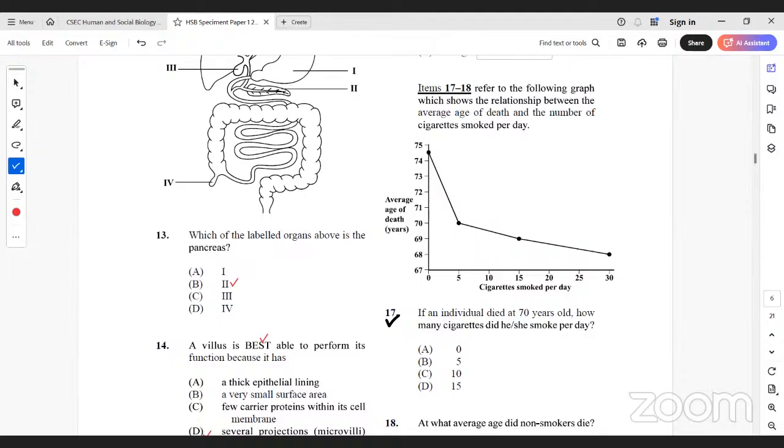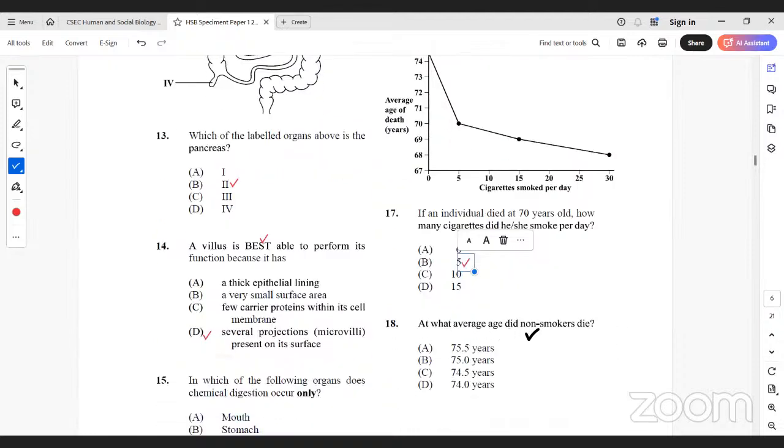And question 17 says, if an individual died at 70 years old, how many cigarettes did he or she smoke per day? And we just have to find the age of death at 70 and come across to the curve, and we see it's about 5. So we are looking for an answer that says 5, which is B.